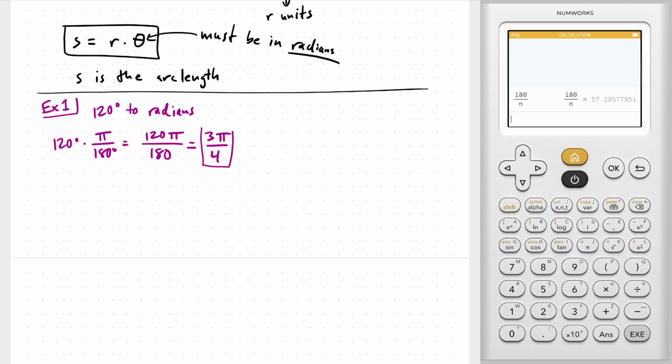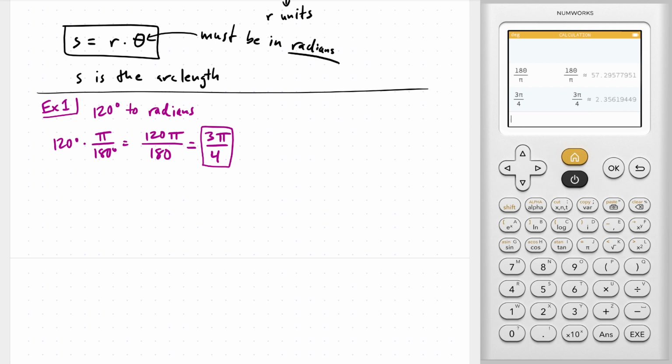Okay, this is what we call an exact value. That is the exact value of the answer. If you say 3 pi over 4, I don't really know what that is. You can always go to your calculator and say, okay, 3 pi divided by 4. And the decimal approximation is 2.36 if we round.